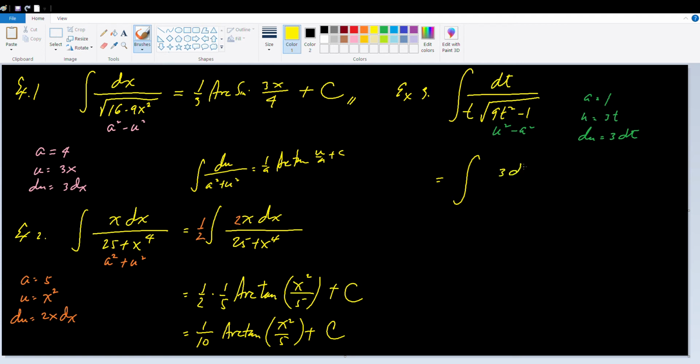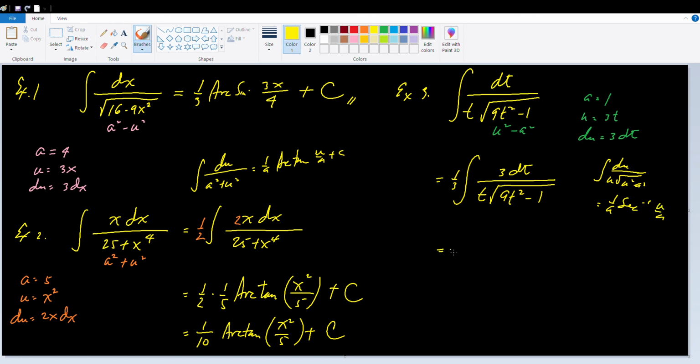3 dt times 1/3 all over t square root of 9t squared minus 1. And we know that the integral of du over u square root of u squared minus a squared yields the arcsecant function of u all over a.